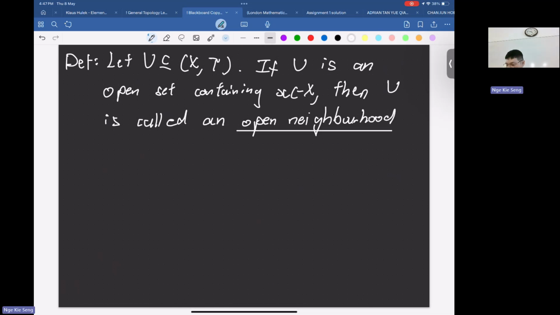Munkres used neighborhood to be precise, but Richmond used open neighborhood. We pick open neighborhood here so that we are consistent with the neighborhood we talk about in metric space.